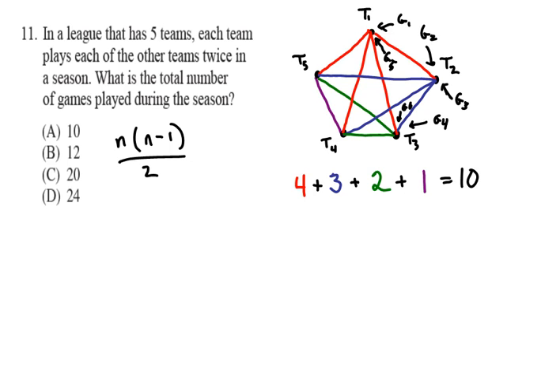Each of the 5 vertices has 4 line segments that terminate there, and each of them refers to 1 game. So basically what we have is n times n minus 1, which is 5 times 4, which is 20, as opposed to 5 times 4 divided by 2, which would be 10.